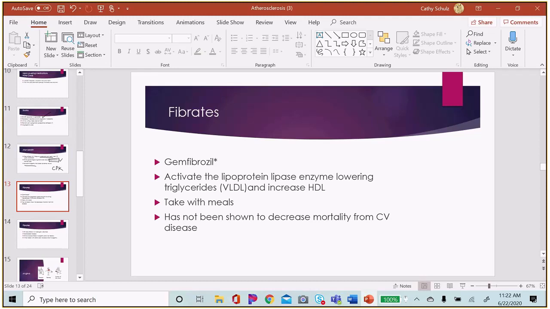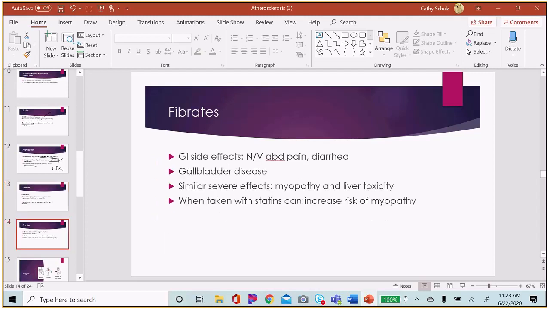This medication has to be taken with food. It's not the gold standard because it doesn't decrease LDLs as much as the statins do, and it does not show a decrease in mortality from cardiovascular disease. So bringing these numbers down would decrease cardiovascular events, but it doesn't change mortality, and atorvastatin does.